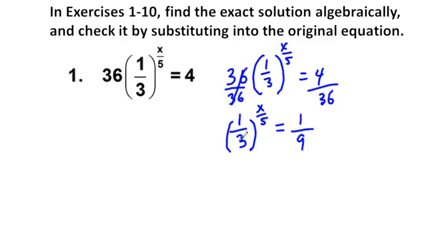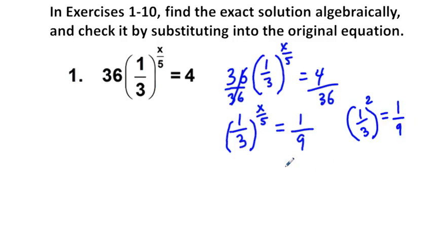So what I'm going to do is take this 1/9. I can rewrite 1/9 as (1/3) squared. That's going to be equal to 1/9.